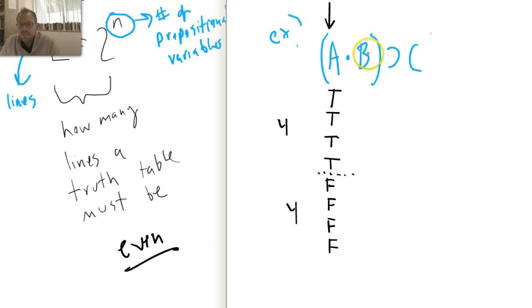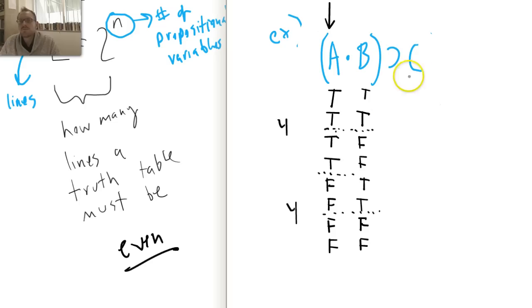Now, for B, I'm just going to divide this again. So this is going to look like true, true, false, false, true, true, false, false. So notice what I did here is I basically just divided these in half, and then I just repeated the same thing down here.